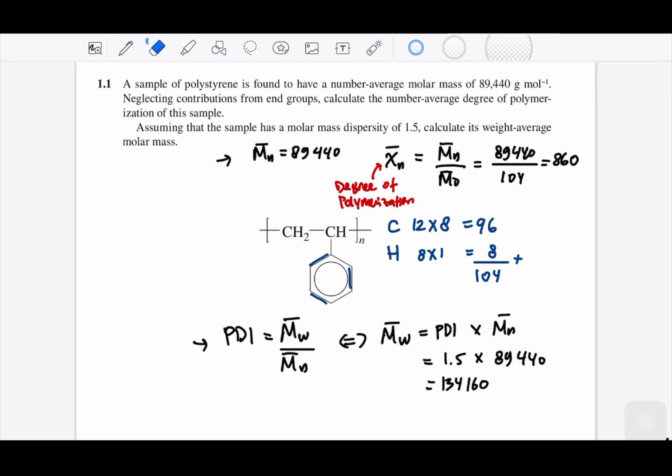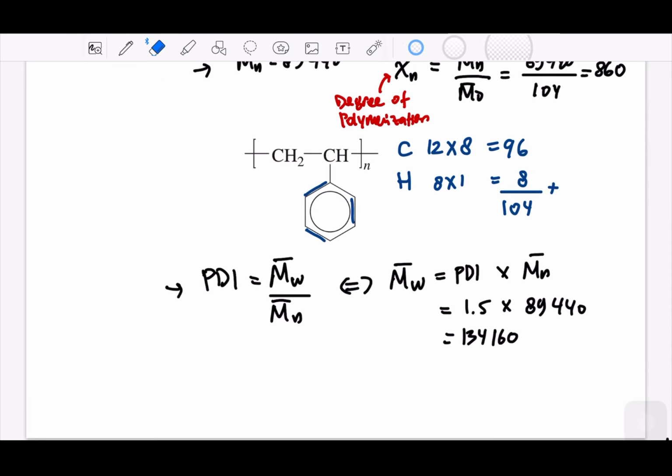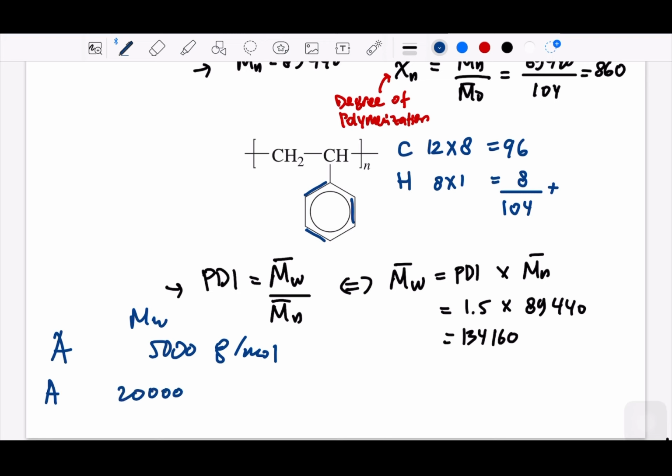For example, polymer A is 5,000 gram per mole, and the same polymer A maybe 20,000, and maybe 100,000.